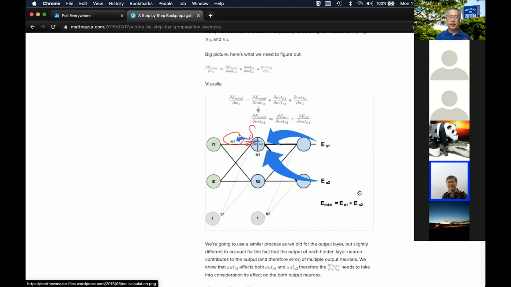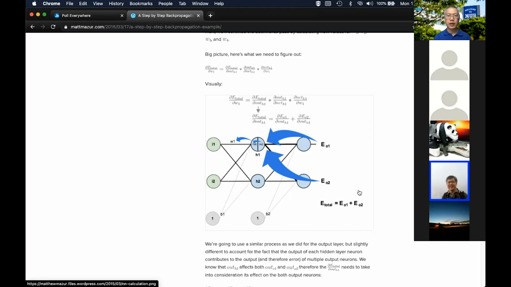But this delta is actually fairly easy. I just have to think about all of the other deltas that it depends on. So it depends on this delta over here. It depends on this delta over here, because there's basically two outputs that are happening here. So that is the way that I'm going to calculate this.